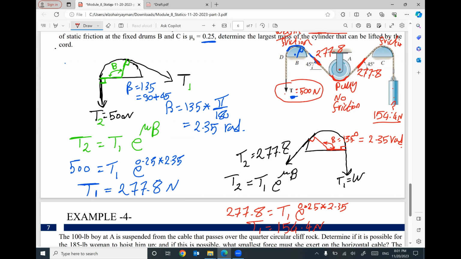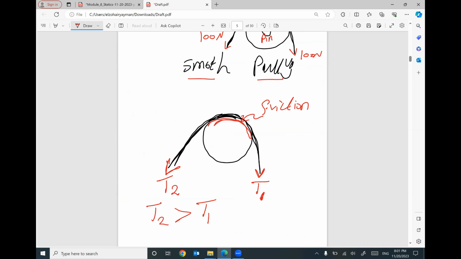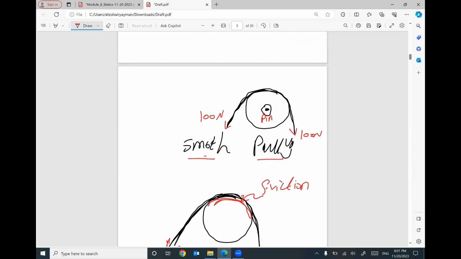That makes sense? So this is how to figure out the relationship between two forces passing through friction on the surface between the belt, the cord, the rope, and the curved surface. Keep in your mind, there's a big difference if you have a smooth pulley, which is free to rotate.